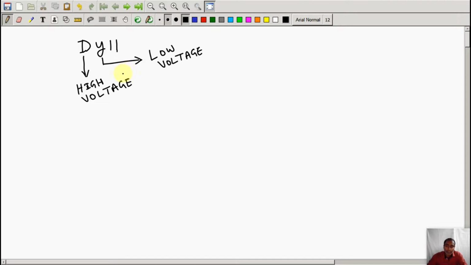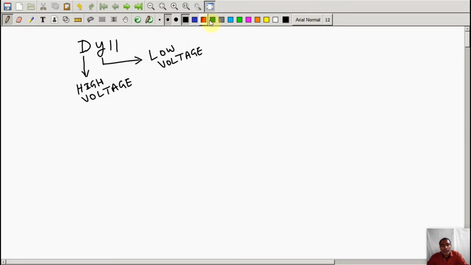Now here I would like to mention that we are actually signifying the phase difference between the line voltage on the high voltage side and the line voltage on the low voltage side.